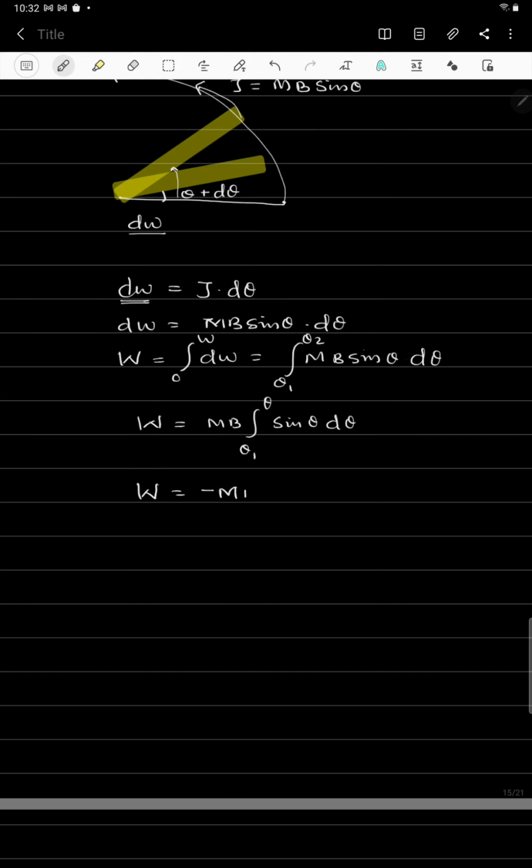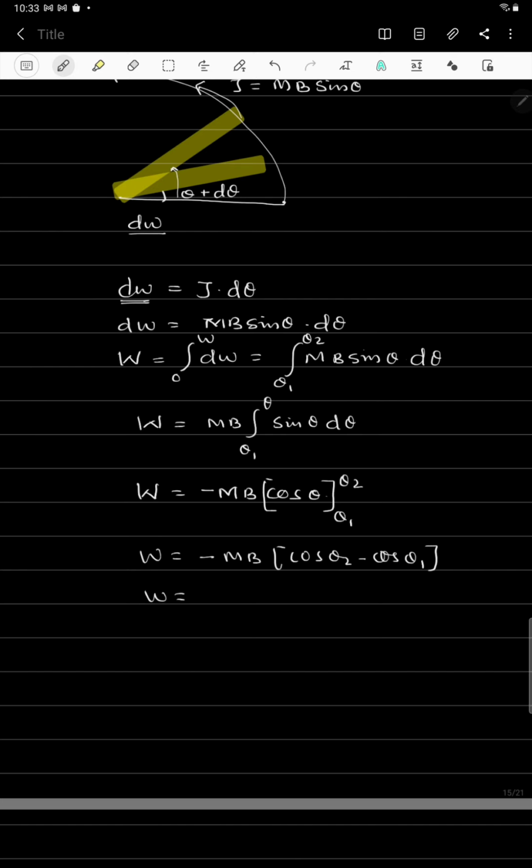You will get minus mB cos theta, evaluated from theta 1 to theta 2. So we can write this as minus mB times cos theta 2 minus cos theta 1.